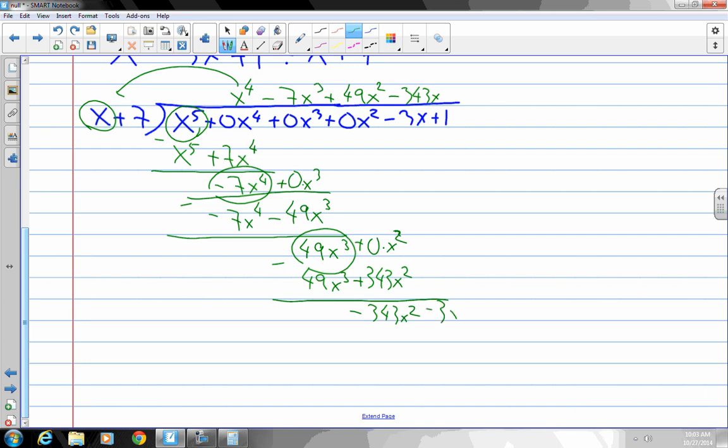Bring the negative 3x down. And multiply. So we're going to be subtracting, so we will get negative 343x squared. Woo. So 7 times 343 is 2401.